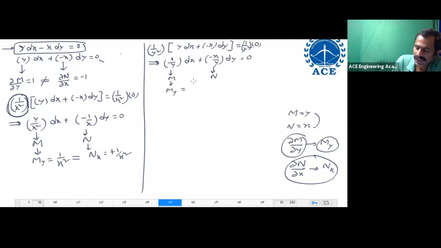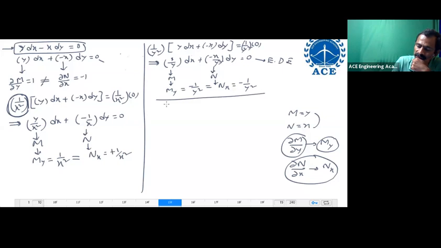M with respect to y equals minus 1 by y square. N with respect to x: 1 by y is constant, since we are multiplying both sides with 1 by y square, and the derivative of x with respect to x is 1, so minus 1 by y square. Again, these two are the same. Now the exactness condition is satisfied, so it is an exact differential equation.